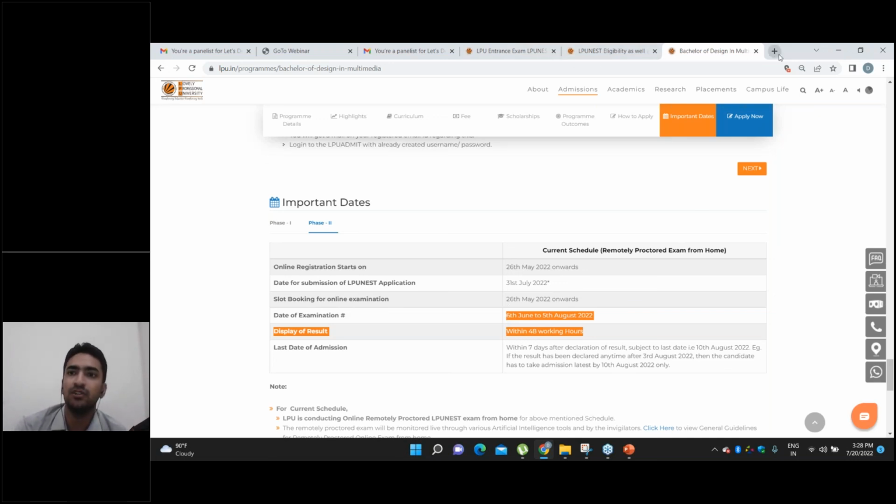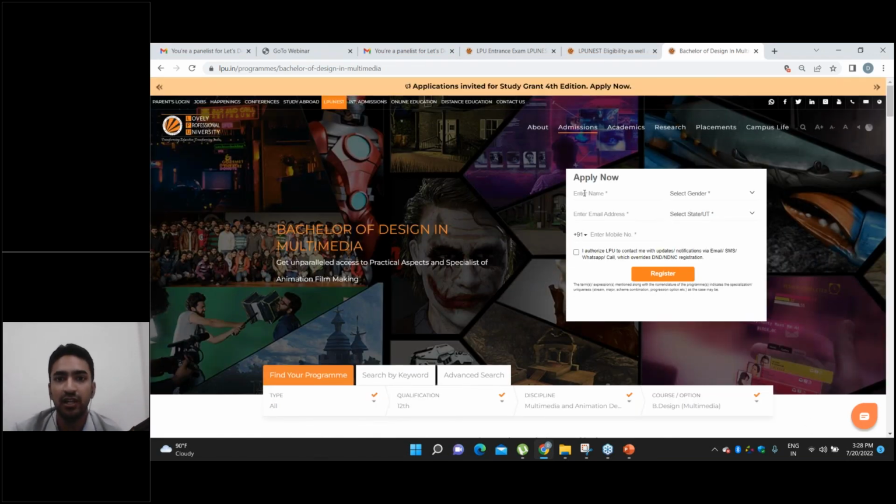Clearly over here you can see the apply now option is also available, so you can easily apply for this particular course, and you need to fill in your name, your gender, your email ID, your state, and your mobile number. By default you'll be registered for this examination, and we will direct you to the second step, which is the fee of this examination. So that's it from my side. If there is any query, I'll be happy to answer.